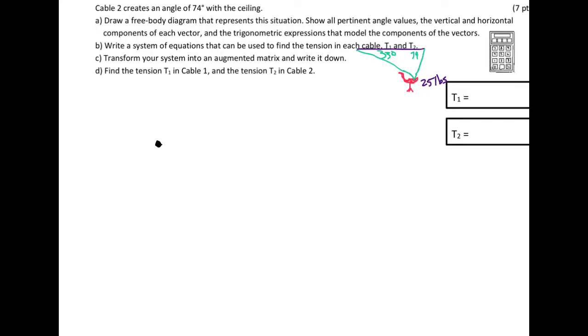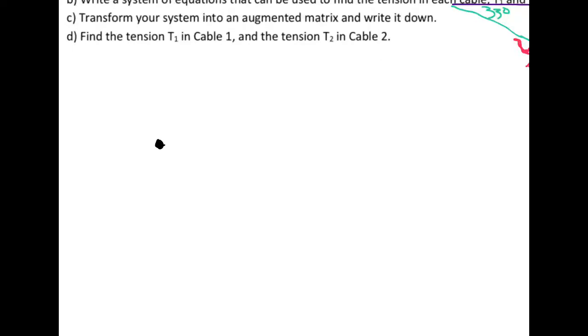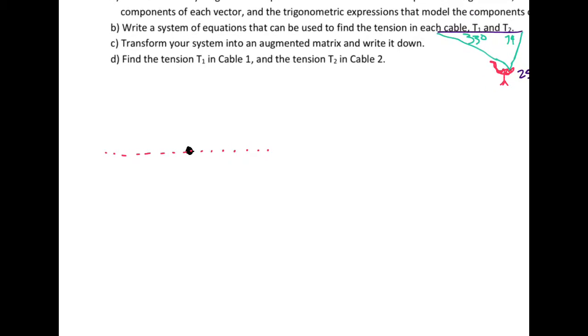It's stationary, so the horizontal component of the first vector needs to balance with the horizontal component of the second vector. So I'm going to draw those coming out, and I'm going to make them the same distance because the length of the vector represents the magnitude, and they have to be balanced. So those are balanced.